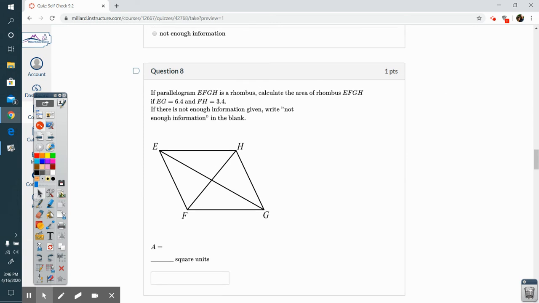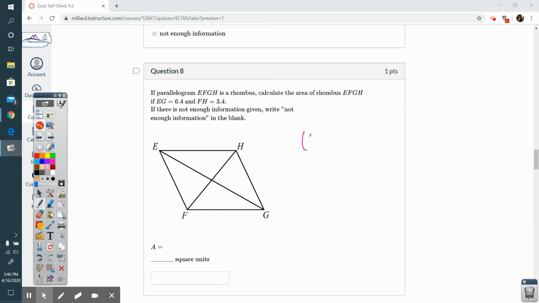Okay, parallelogram EFGH is a rhombus. That means all sides are the same length. Doesn't mean the angles are the same, but just each side is the same length or distance or whatever you call it. So you calculate the area if this diagonal is 6.4 and this diagonal is 3.4.